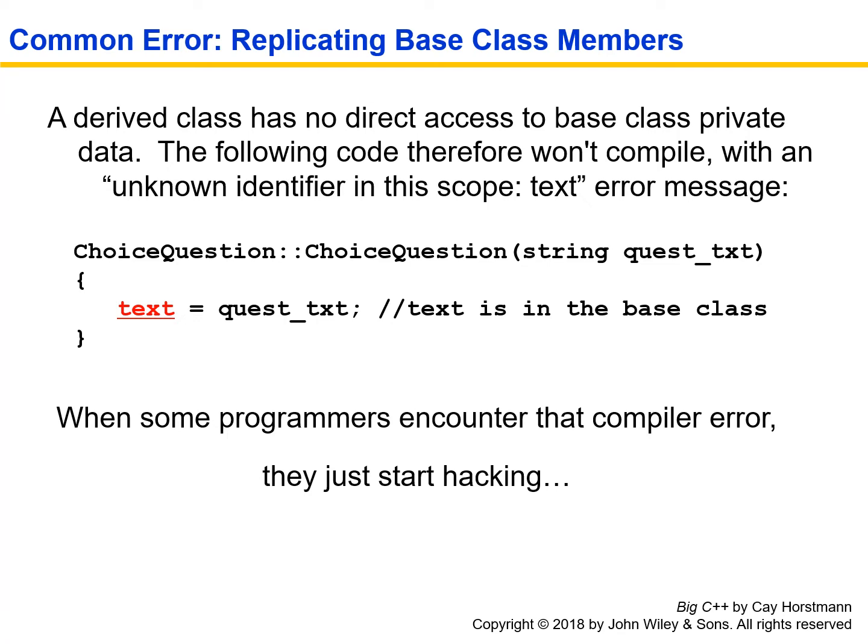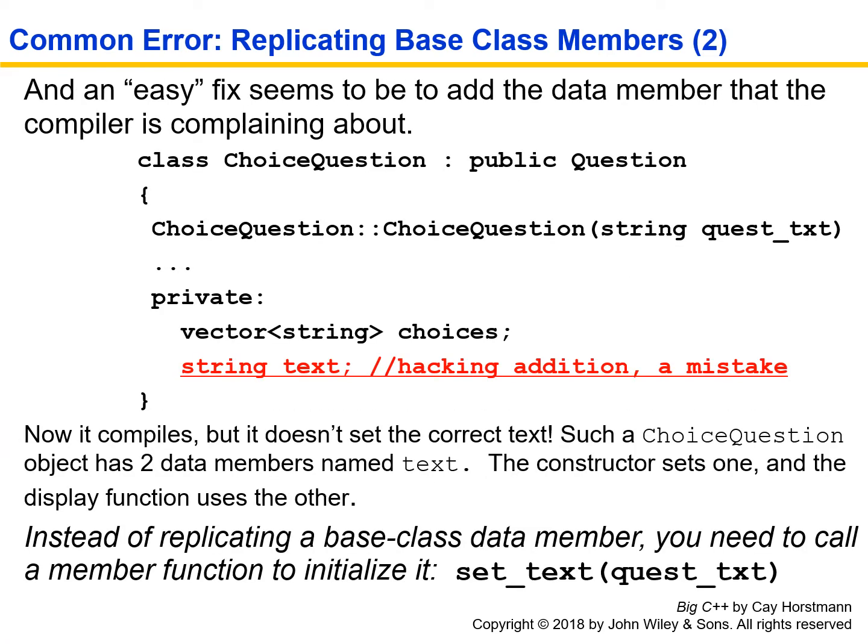Now, when some programmers encounter this kind of compiler error, they say, oh, well, I just need to add another variable called string text. This is a mistake because you're now overriding the base class's text, and you're not going to set the correct text.